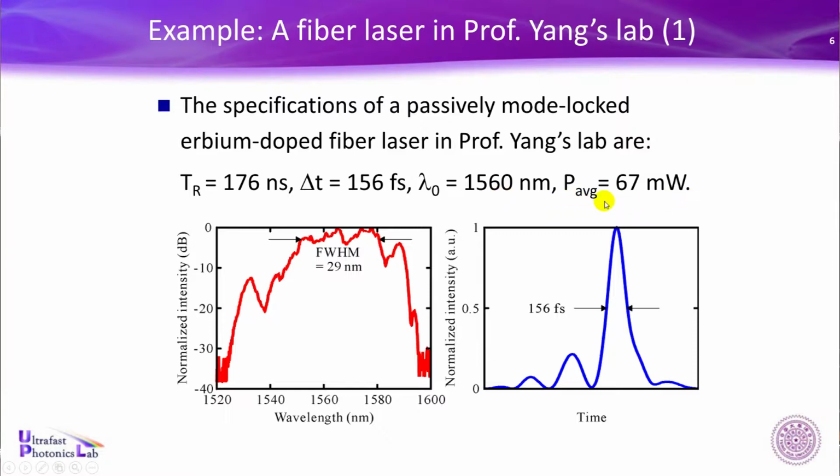And then you can use a power meter, knowing that the average power is about 67 milliwatts. So it's a very simple fiber oscillator in my lab. And these numbers can be easily measured, except for this one. You need some knowledge and technique to get this number. Otherwise, all the others could be easily measured.